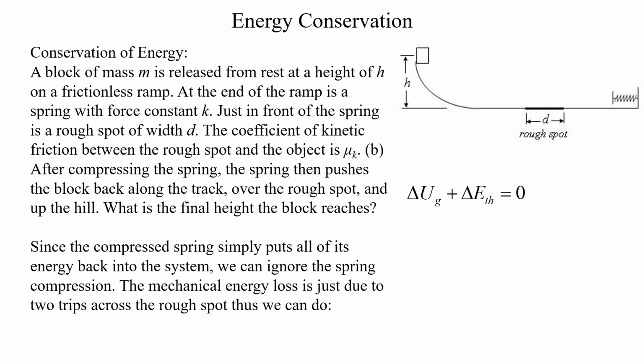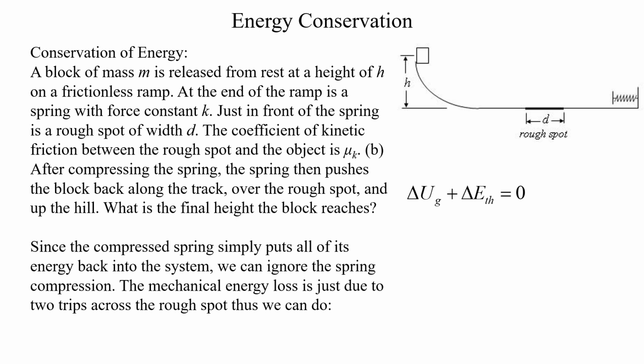So it's going to slide down, go over the rough spot, compress the spring, and then the spring will launch it back over the rough spot and back up the hill where it comes to rest. And its final energy will just be its final gravitational potential energy plus the thermal energy caused by 2 trips over the rough spot.